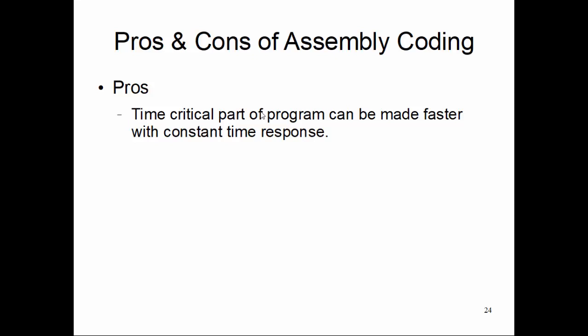You write a program which detects objects in front of you, measures the distance, and based on that automatically pushes the brake of the car, like car automation. It is very critical that this braking response is in real time. It has to be faster. You cannot afford any lag due to code written in a high level language.